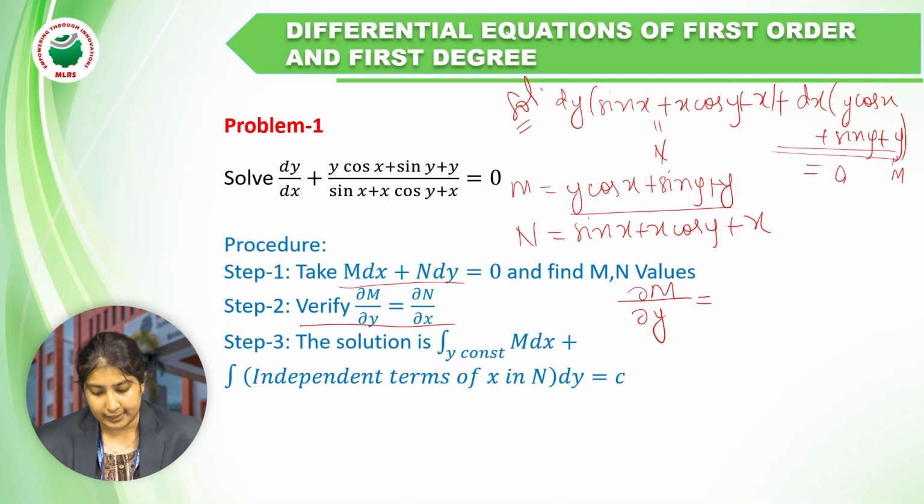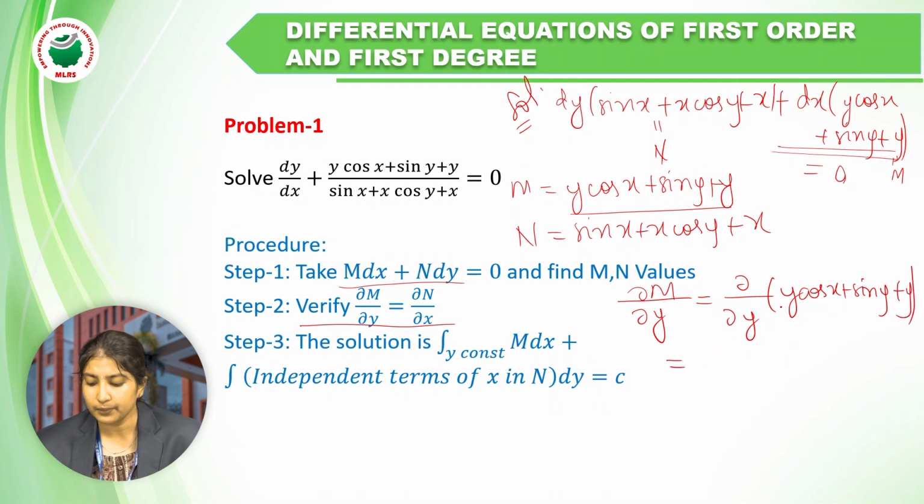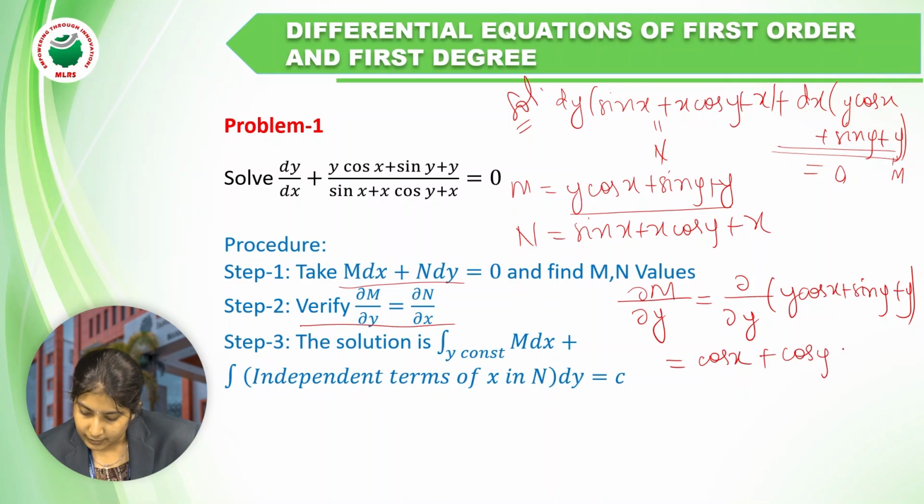See, y cos x: cos x is constant, dou y by dou y is 1, plus differentiation of sin y is cos y, plus differentiation of y is 1.